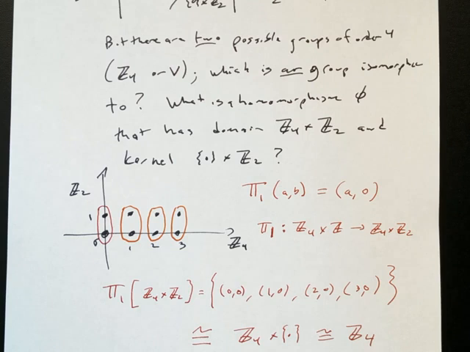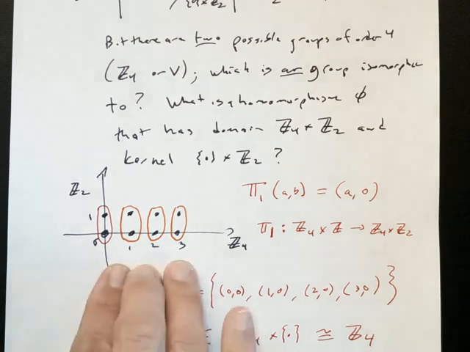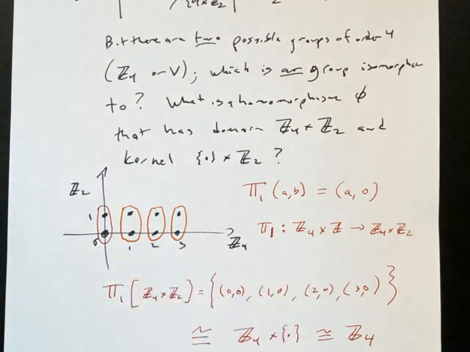The coset that goes with 2, 0 is this vertical oval. The coset that goes with 3, 0 is this vertical oval. They're right there, and they're parallel. They're correlated with.